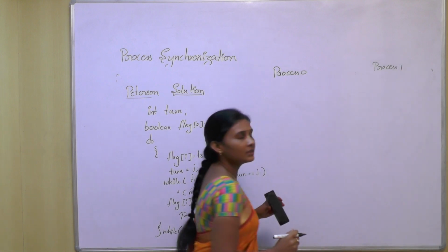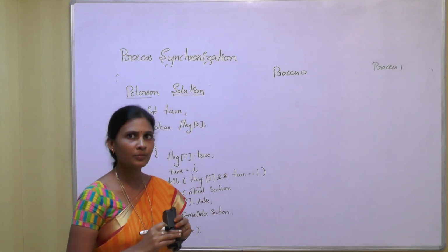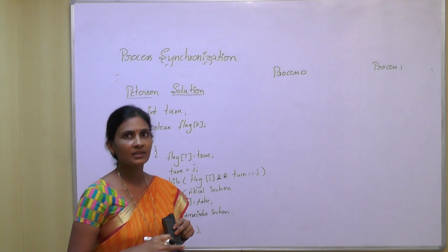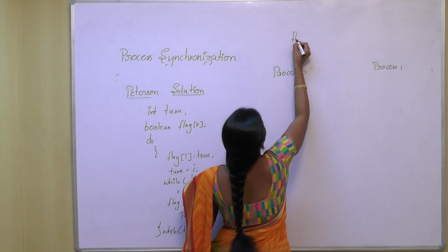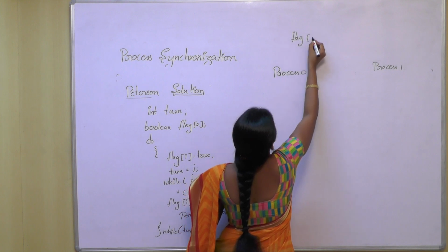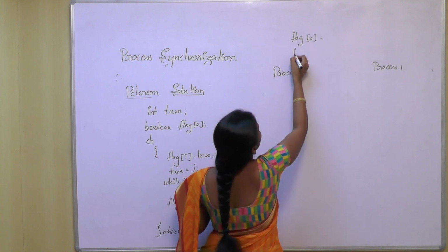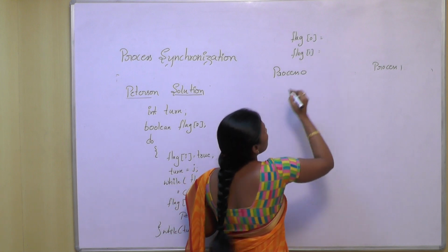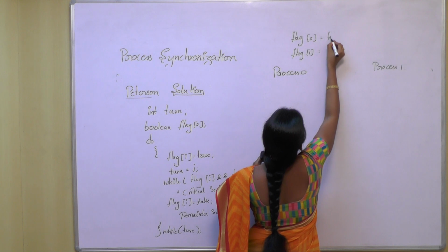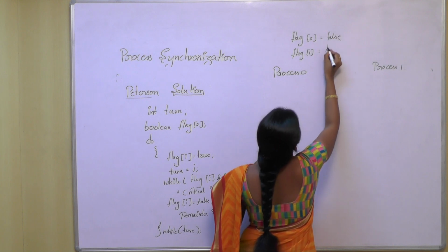Before we consider the processes, we have to initialize them. So first take the two flags, flag of 0 and flag of 1. These two we first have to initialize with false.